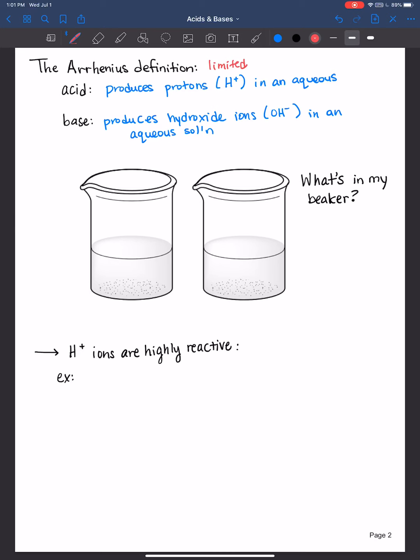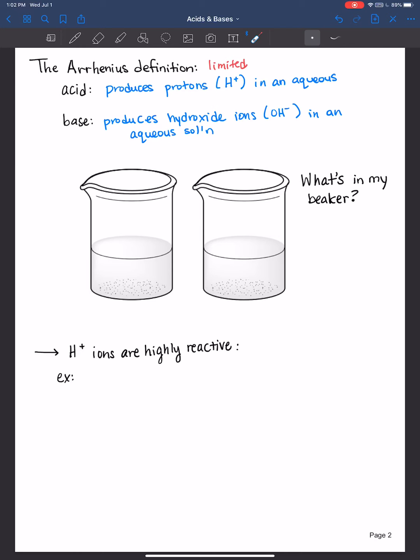Okay. All right, so I'm a big believer in trying to visualize what is going on, right? It's one thing to just talk about these definitions, but it's another to visualize what is going on in your beaker. And so this is the phrase I always use with my students to help them begin visualizing the molecules, the ions, the particles that are in their solution.